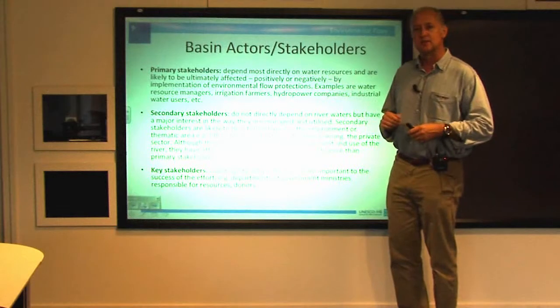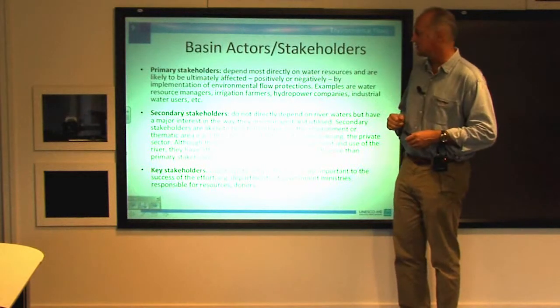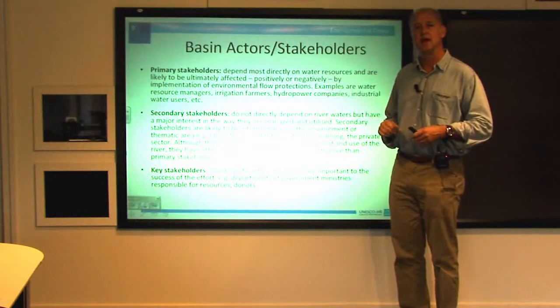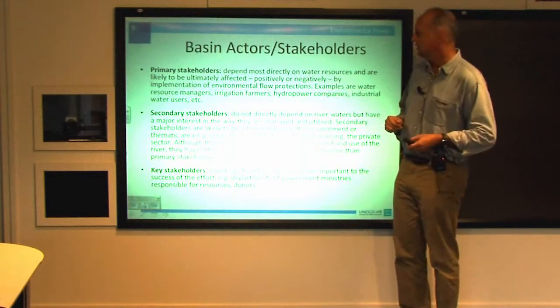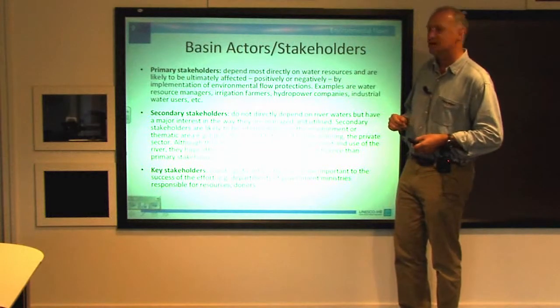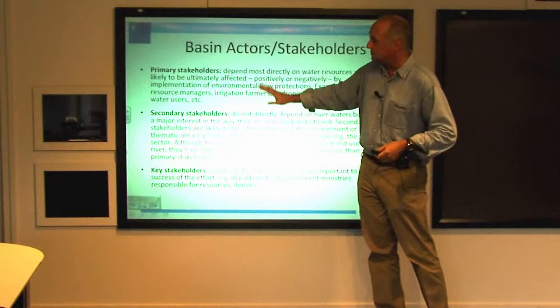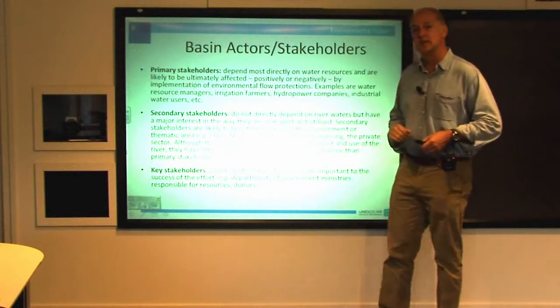But there are other kinds of stakeholders that need to be identified in the process as well. This is also a breakdown provided through IUCN, but widely applied across many projects and sectors and organizations. So we can distinguish between primary and secondary stakeholders.